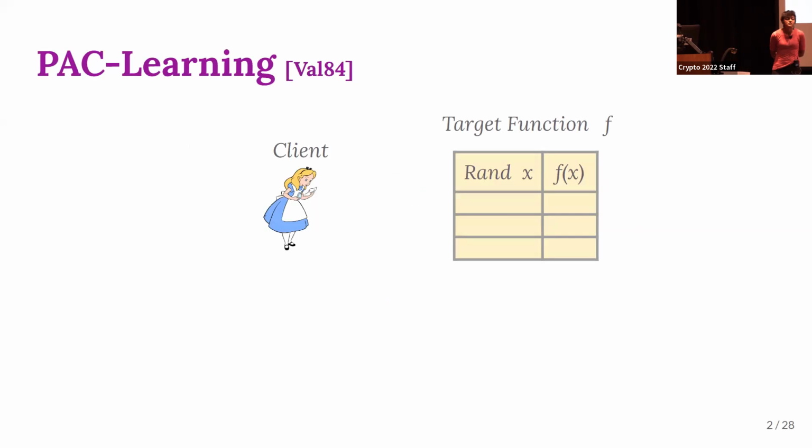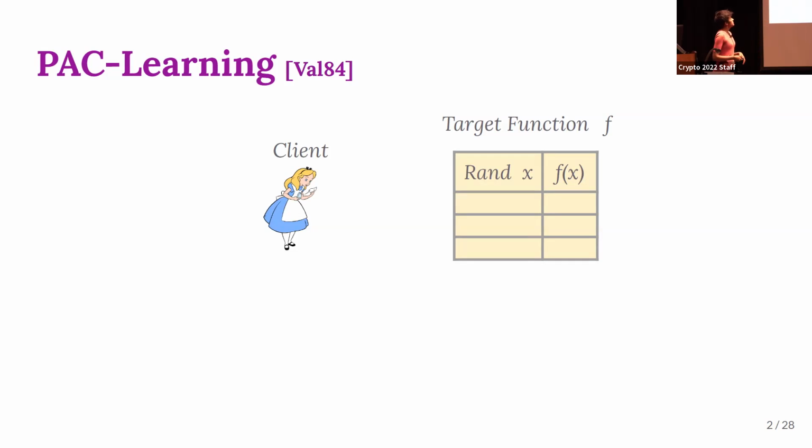Another perspective we can take on a model stealing attack is to consider that a client is attempting to learn a particular target function. In this setting, we'll consider specifically trying to learn Boolean functions. One of the earliest models of learning was probably approximately correct learning.